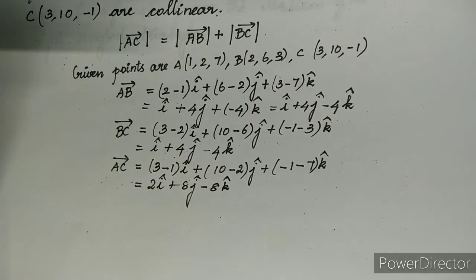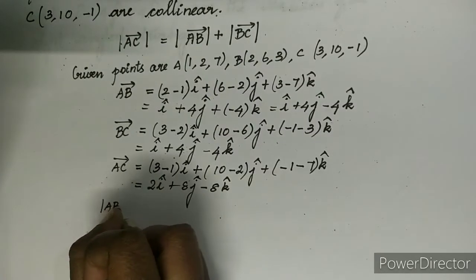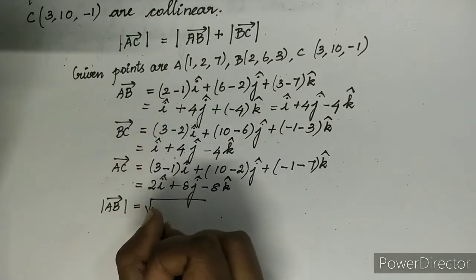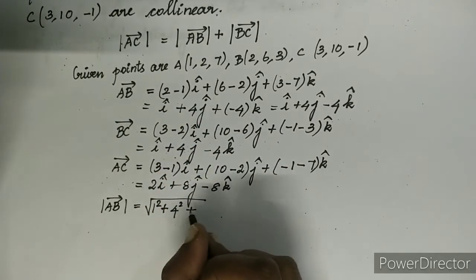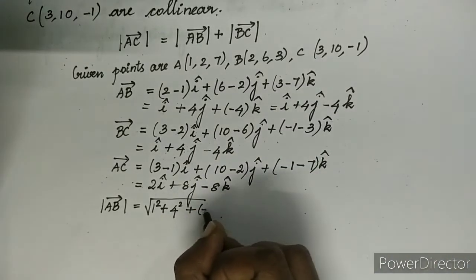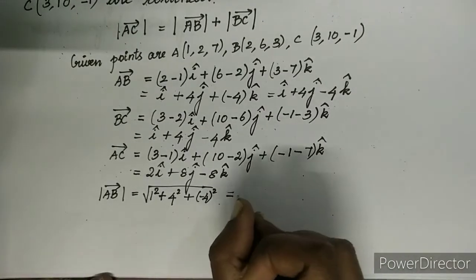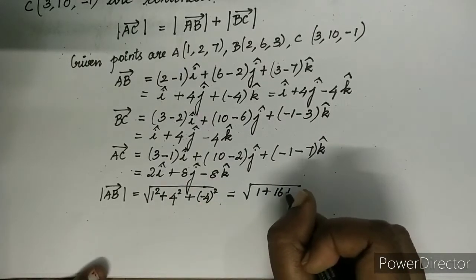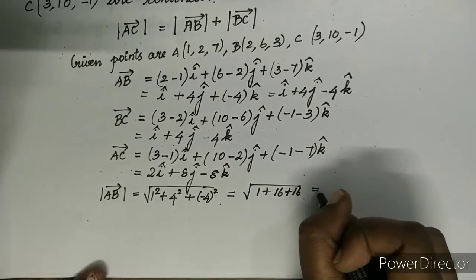Next we will find the magnitude of all these 3 vectors. So magnitude of our AB vector is root of 1 square plus 4 square plus minus 4 square, which is equal to root of 1 square is 1, 4 square is 16 and again minus 4 square also 16. 16 plus 16 is 32 and 32 plus 1 is 33.